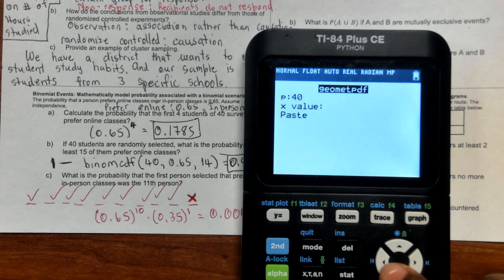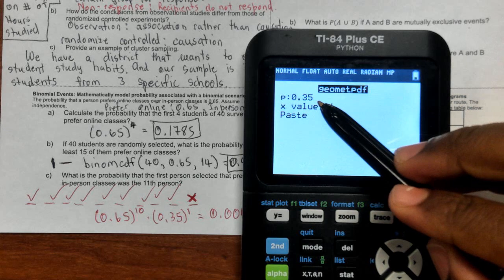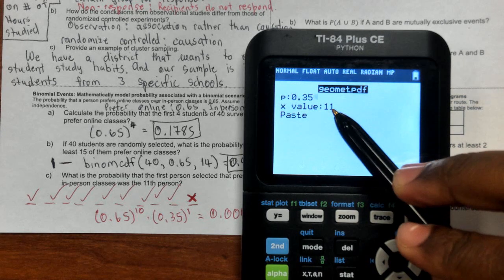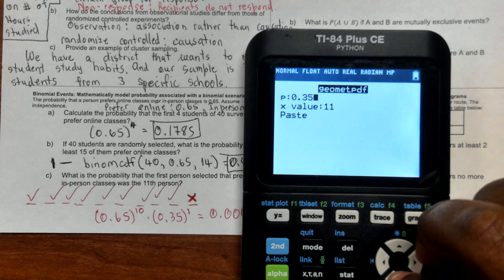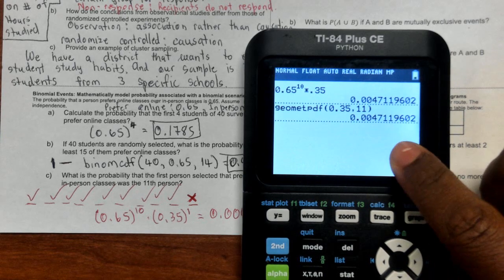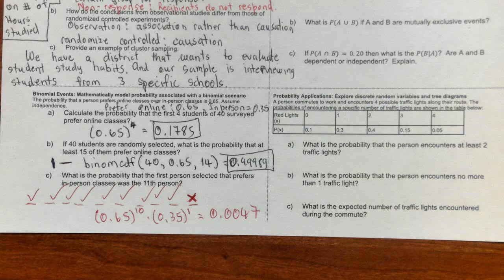So for 0.35, because that's the probability of success, that they'll be in person, where the 11th person is in person, you get the same probability. So again, you could have done geometric PDF also.